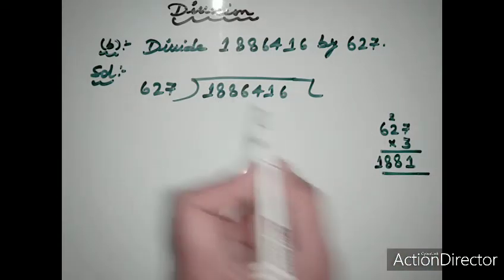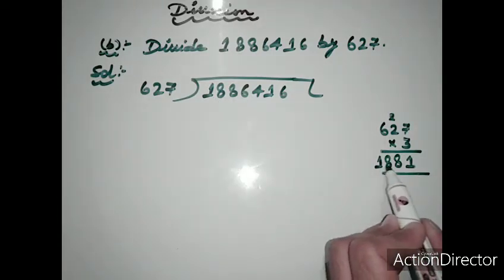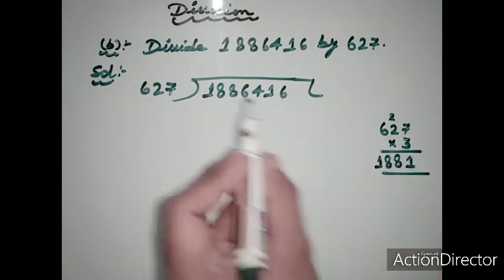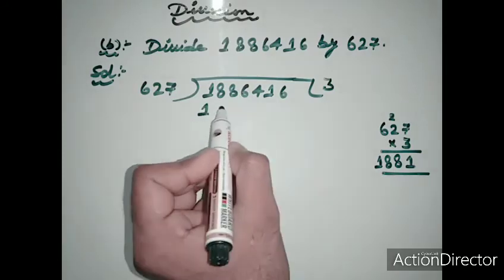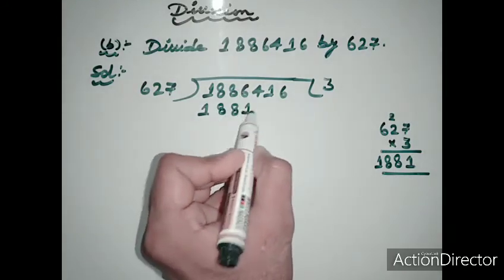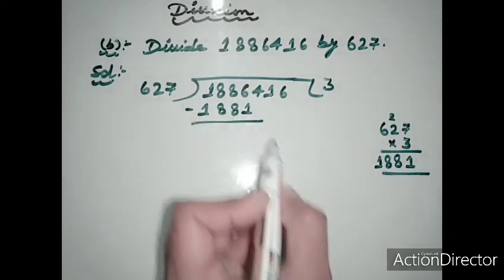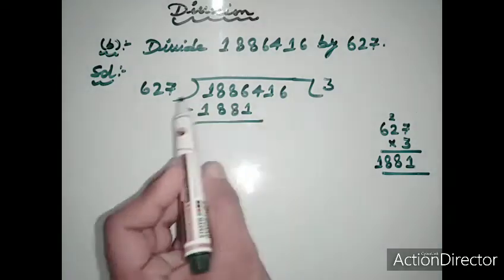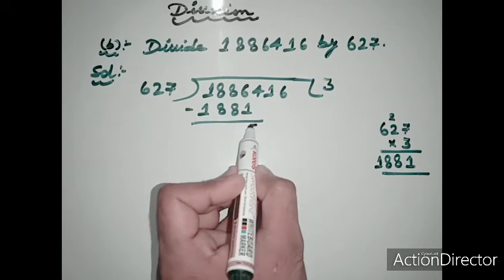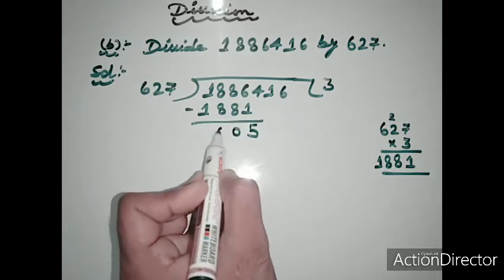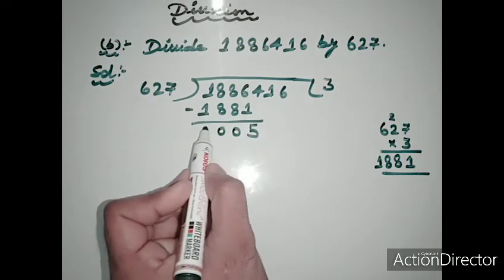So here the first number is 1881. Okay, it is the nearest to this number. So here we divide this number 3 times here, and now we subtract 6 minus 1, 5, 8 minus 8, 0, 8 minus 8, 0, and 1 minus 1, 0.